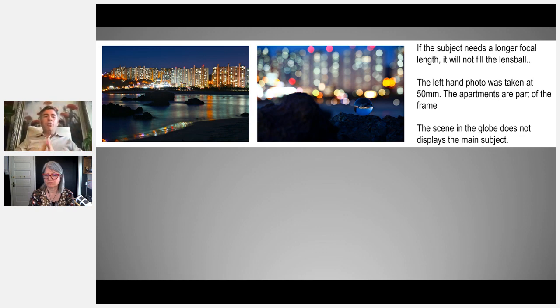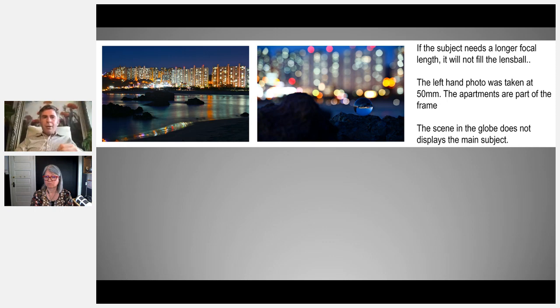Now, the general rule is, if you need to zoom in to your main subject with a regular lens, if it wasn't a Lensball photograph and you were just taking a regular photograph, and you had to zoom into the main subject for it to be close enough in your frame, then you are not close enough to the main subject for that to be a Lensball photograph.